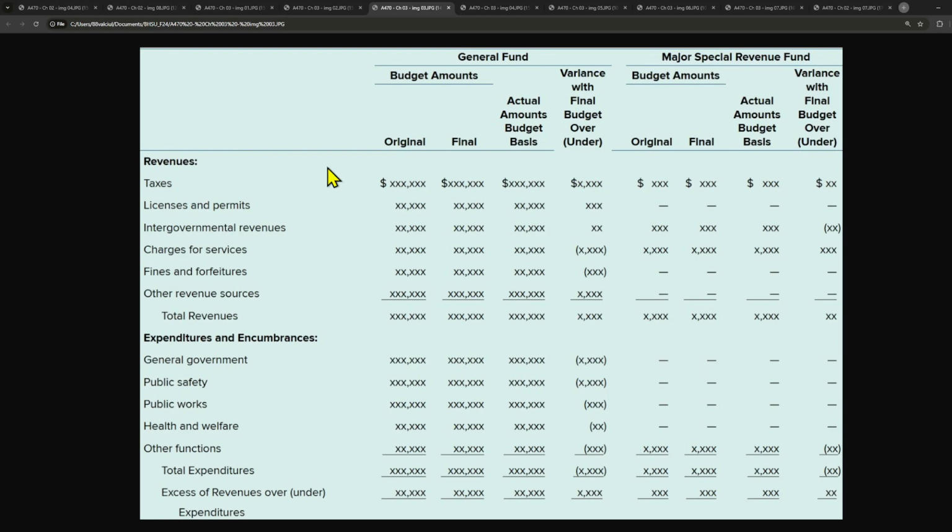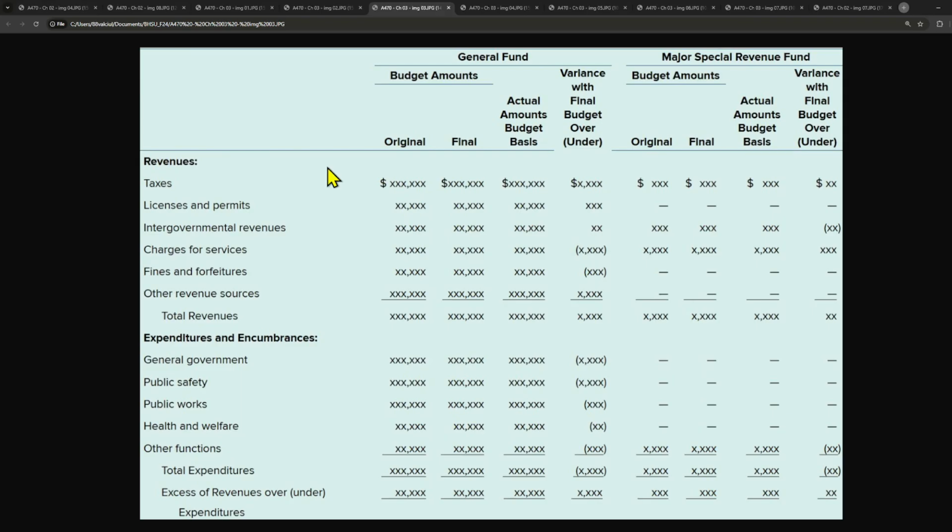Appropriations are the same idea as an expenditure. So an expenditure is the actual financial statement item, revenues minus expenditures. And so the budgetary version of an expenditure is an appropriation. And then we have one last thing.